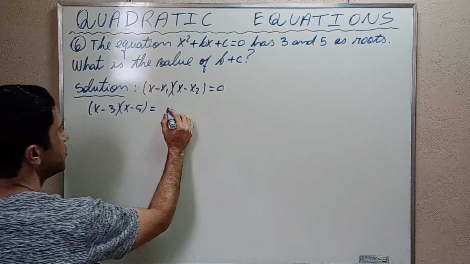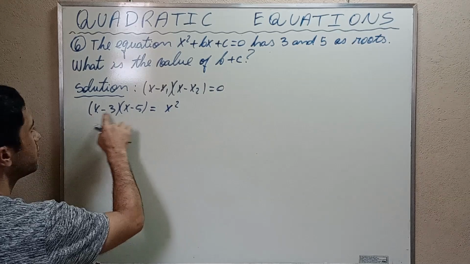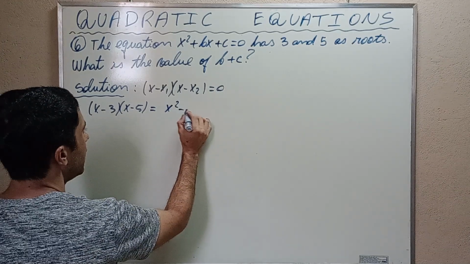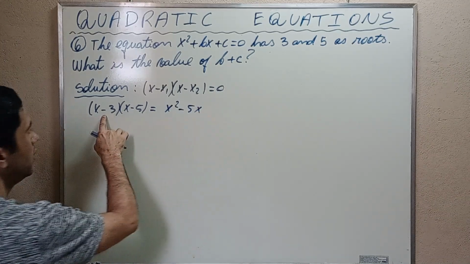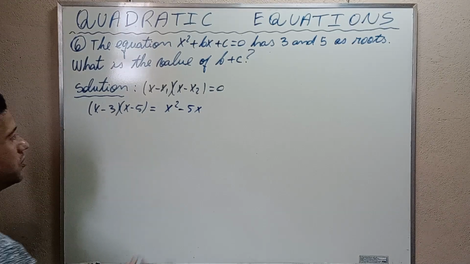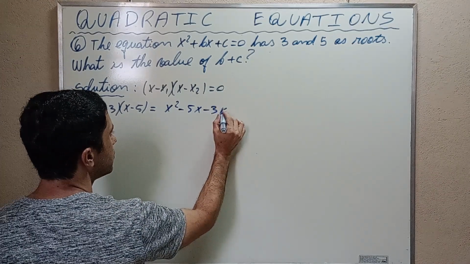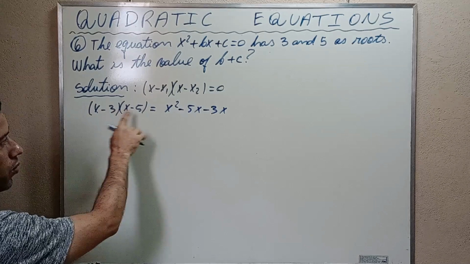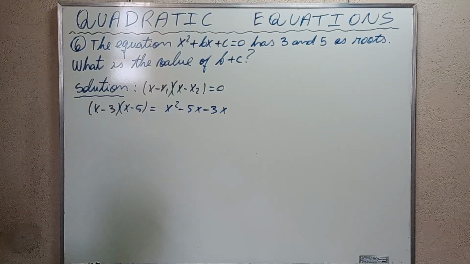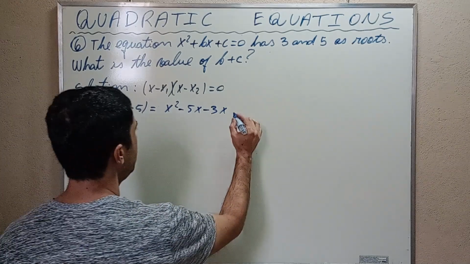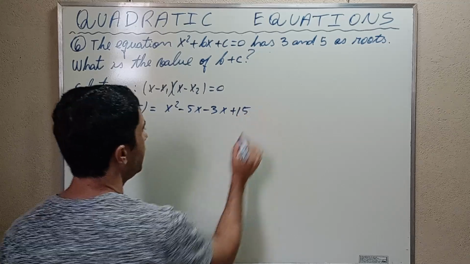x times x is x squared, x times negative 5 is negative 5x, negative 3 times x is negative 3x, and negative 3 with negative 5 is positive 15.